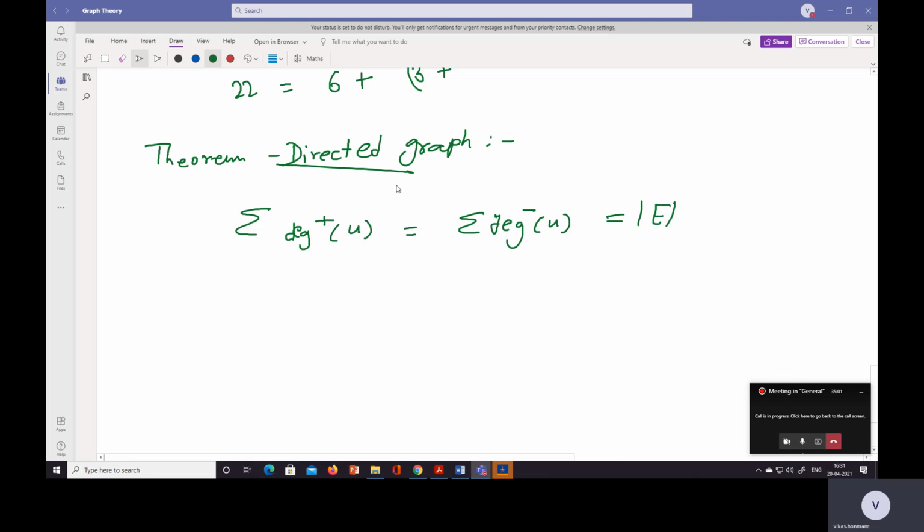The first sum counts the number of outgoing edges. Then this sum counts the number of incoming edges.